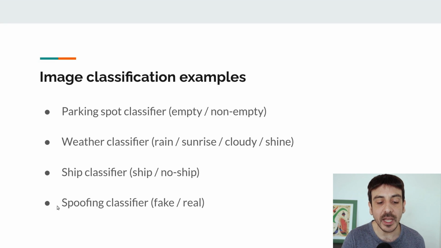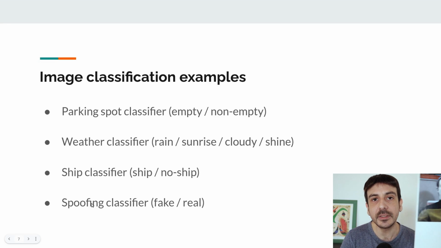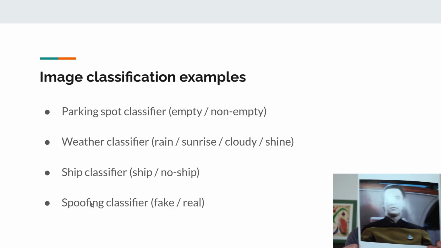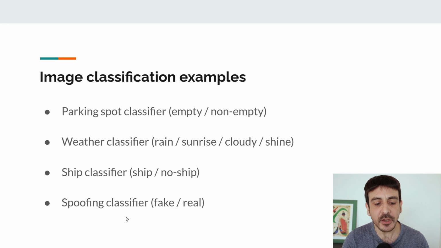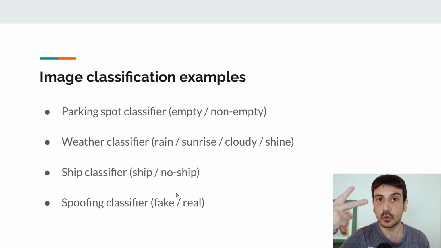And then the last example, and this is a very advanced application of an image classifier, which is a spoofing classifier. And the idea with this type of classifier is to detect these type of situations of someone holding someone else's picture, right? In this type of application, we will be classifying human faces into one of these two categories.